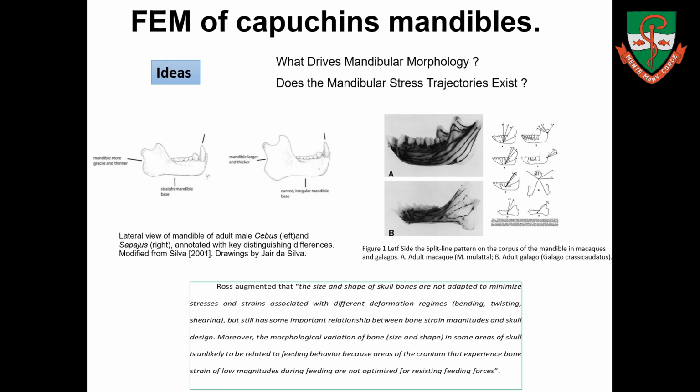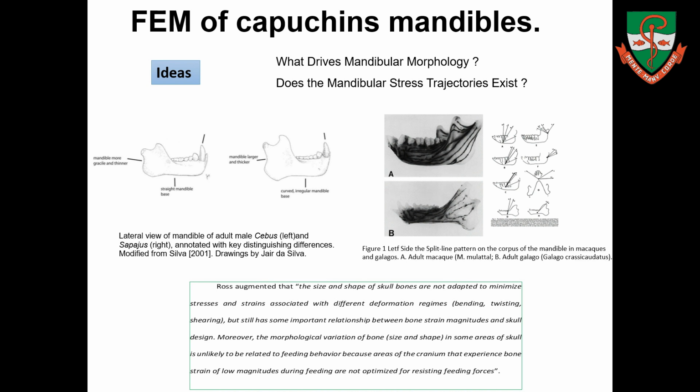And I put this because I like this information. The size and shape of skull bones are not adapted to minimize stress and strain and are associated with different regimes. Before going to Chicago, I didn't know.